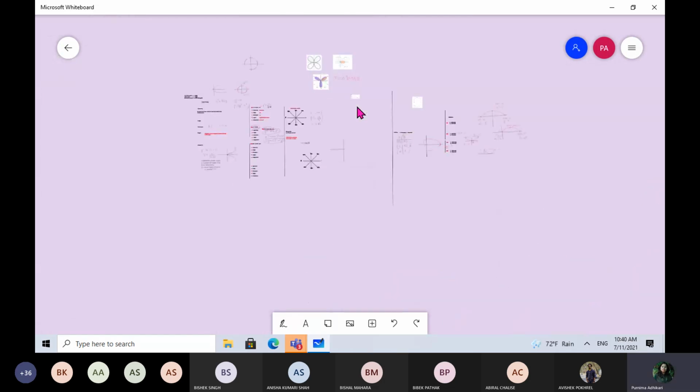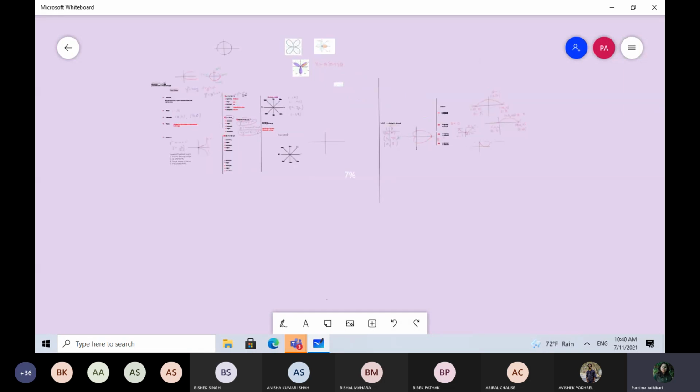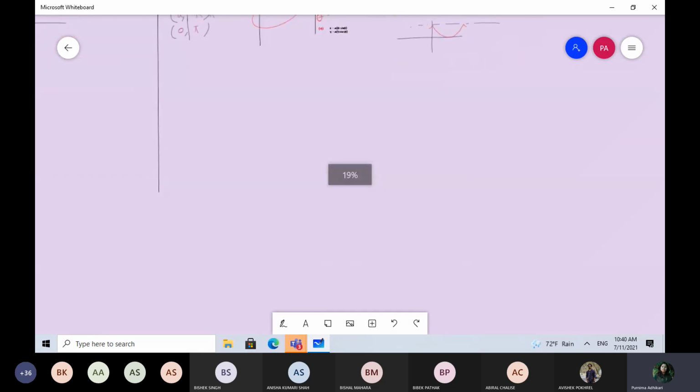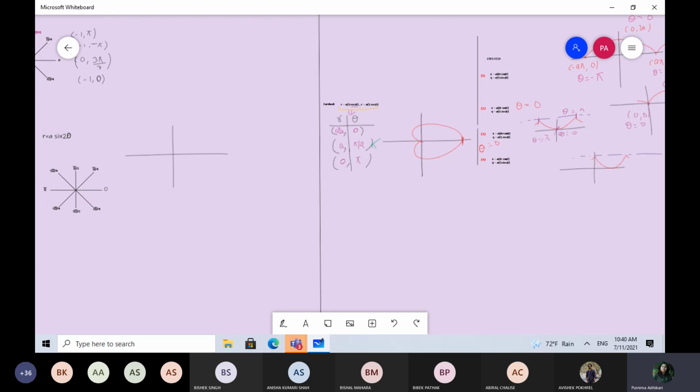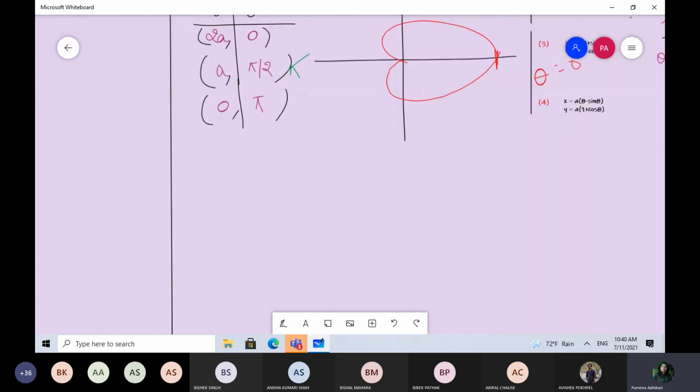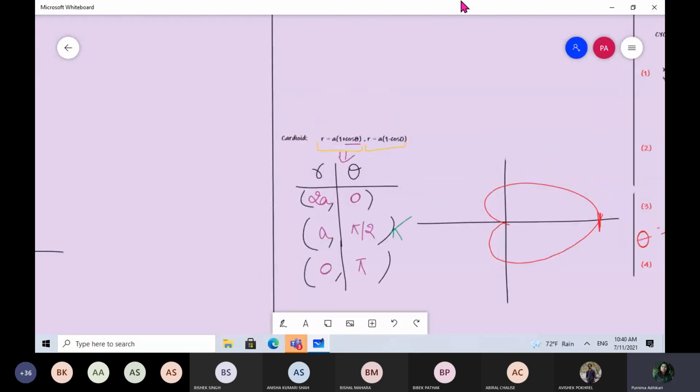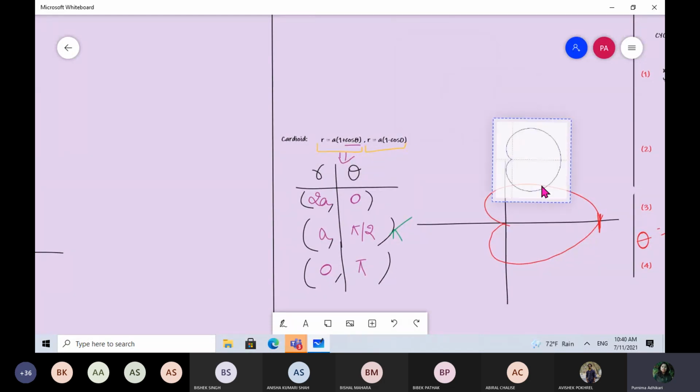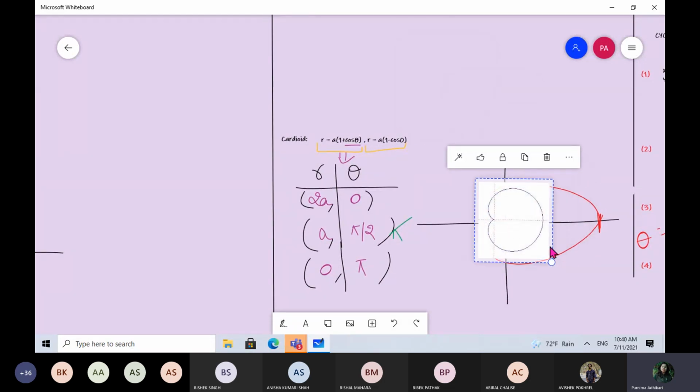So your actual curve is this. So this is your actual curve. Okay.